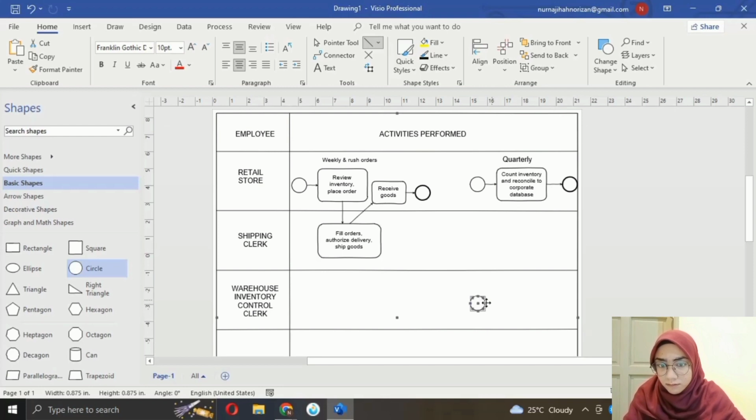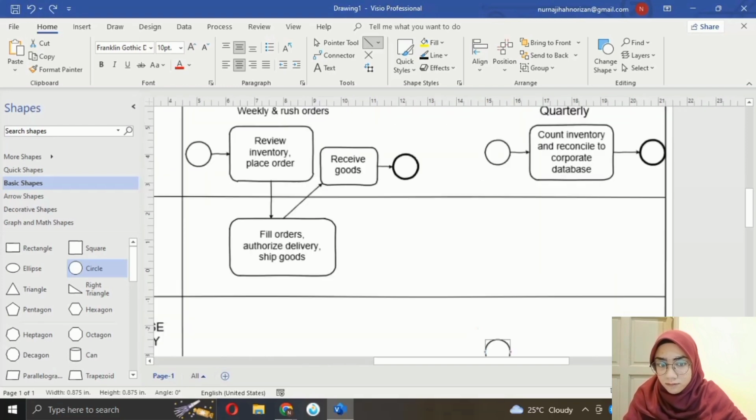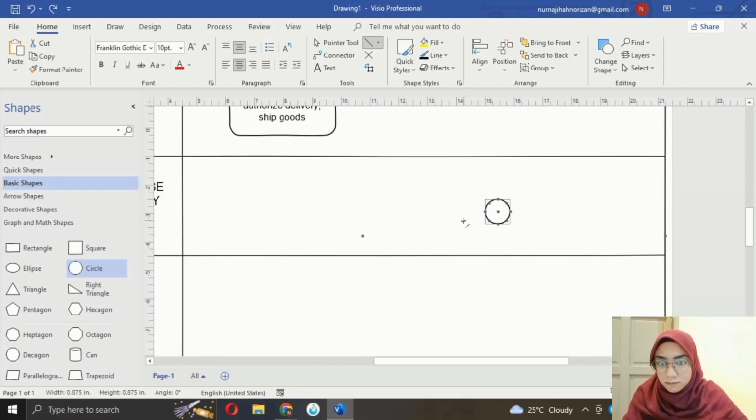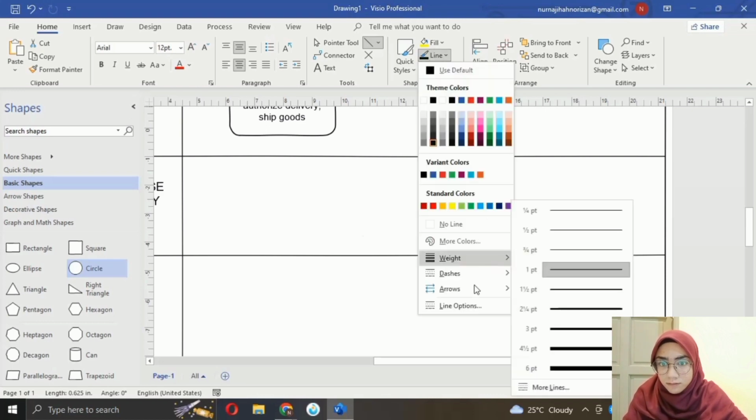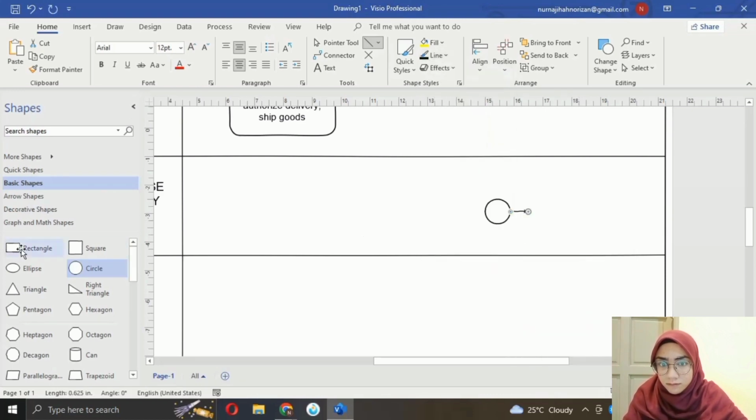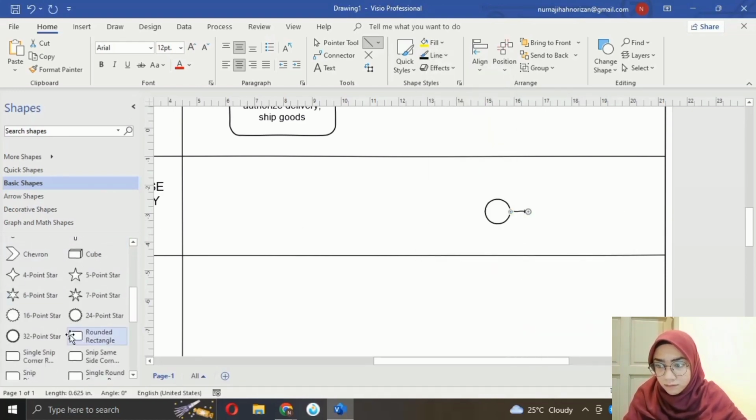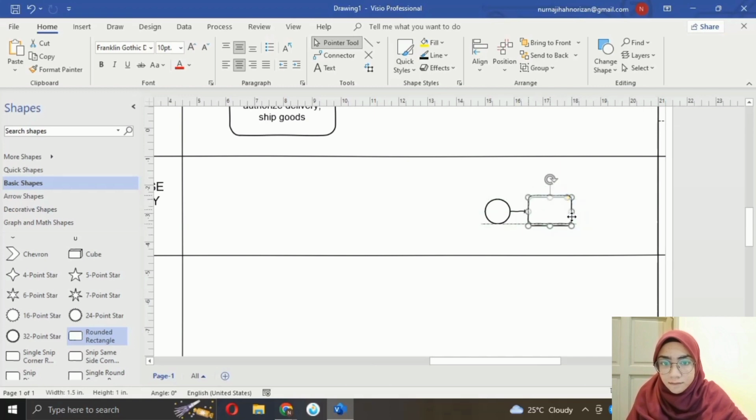So we start from a small circle to show the starting and the beginning of the process. Next, to show the flow, we use an arrow. Then we use a rectangle. Inside this rectangle, we will explain the process.